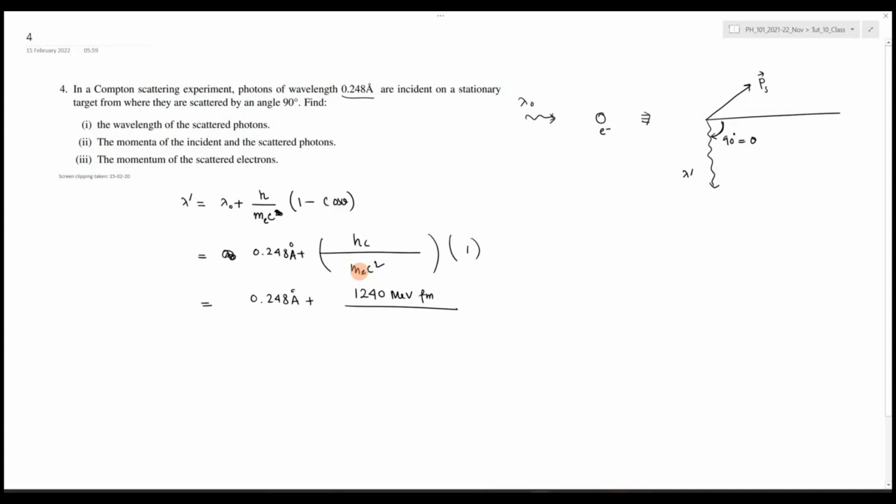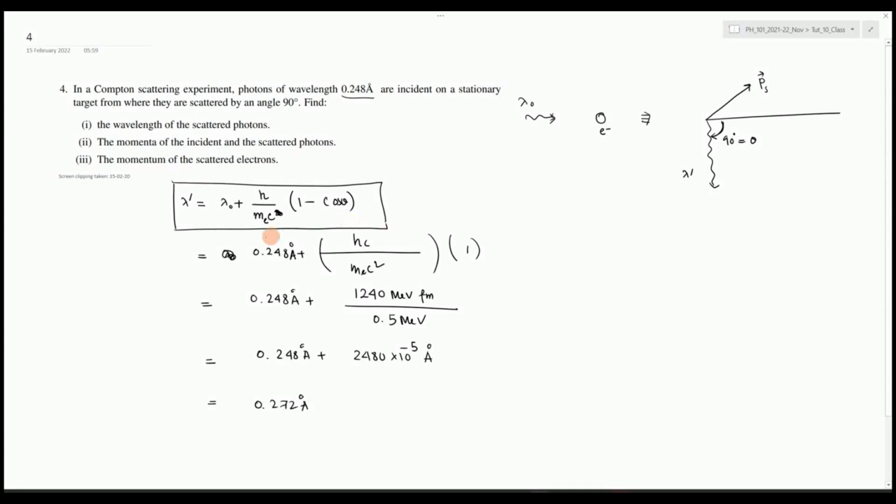Rest mass energy of electron is 0.5 MeV. So you substitute this, it will come out to be 0.248 Angstrom plus 2480 Fermi meter. Let me write it in terms of Angstrom. So this will become 0.272 Angstrom. Everyone agrees?